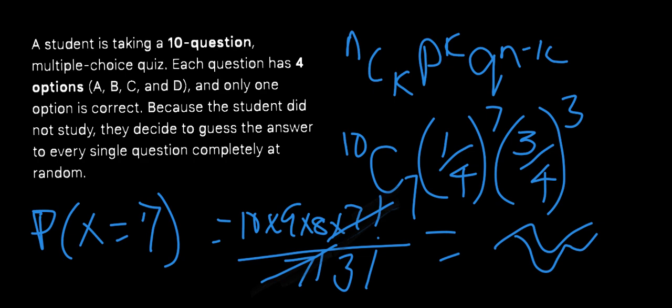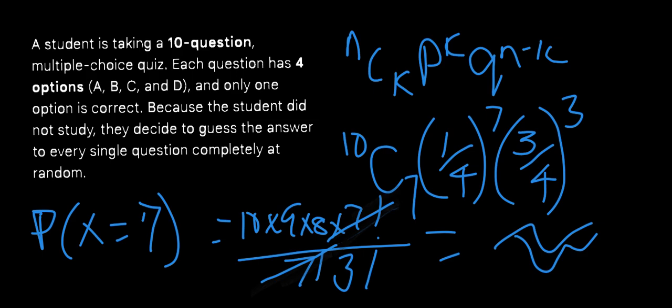In this case, there are only 4 options. So if he chooses randomly, the probability of picking a correct answer is just 1 out of 4 options.